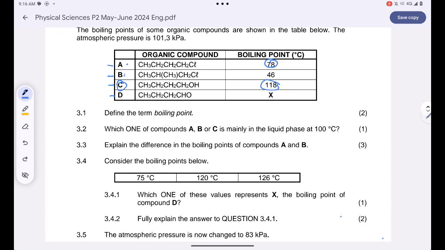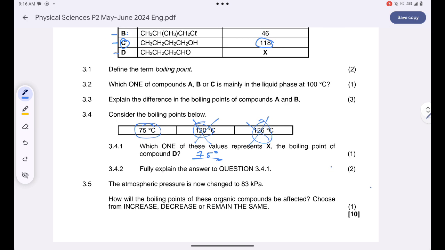So if you compare these two, they are greater than the boiling point of alcohol. That means they are incorrect, and the correct one is this one. So 75 degrees is the one that represents the boiling point of the aldehyde.